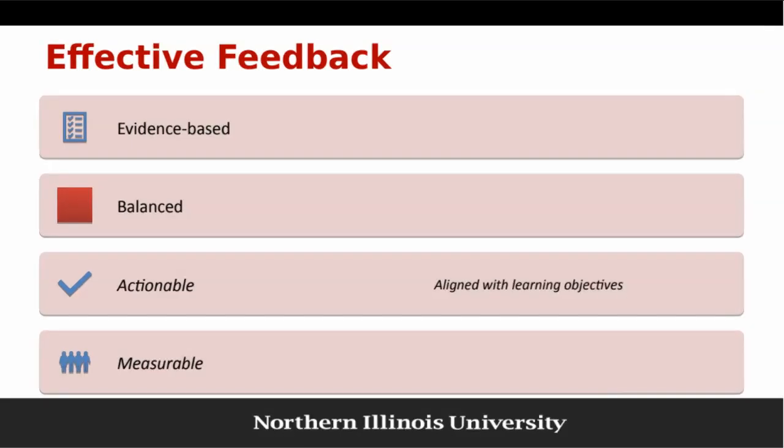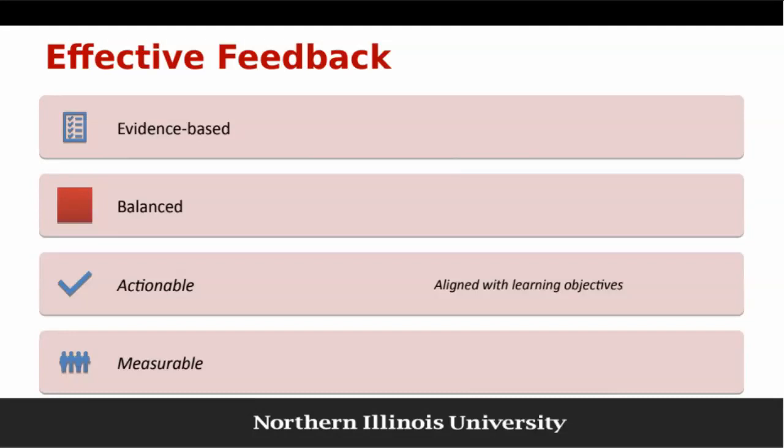But there's also some positive, so that the student feels like, okay, I need to do some things to make this better, but I also did a few things that were good. And it helps them feel that they can be successful in the course.